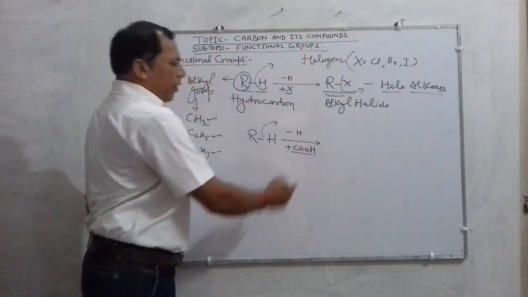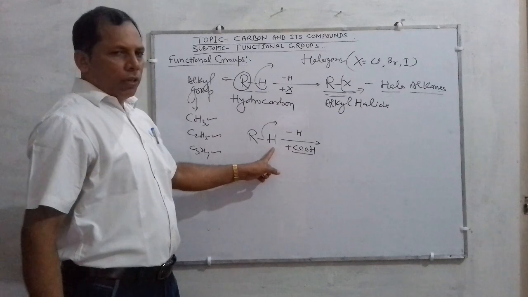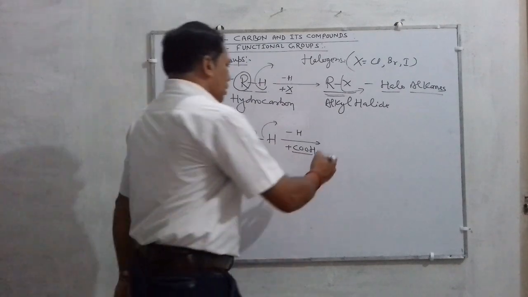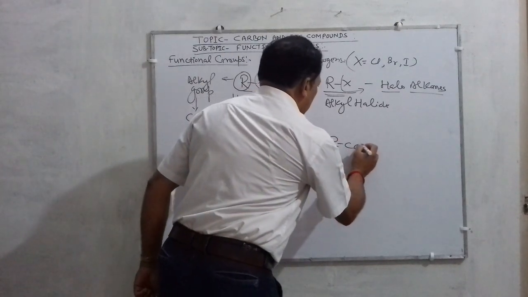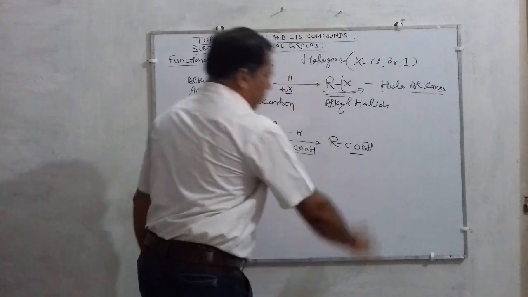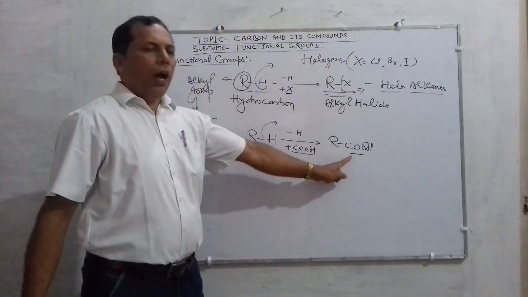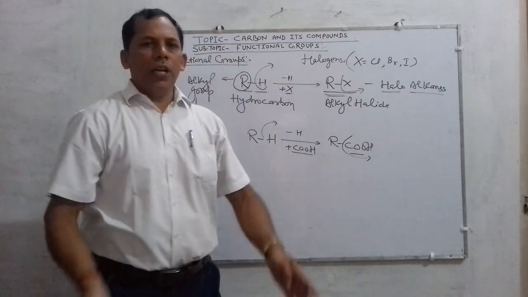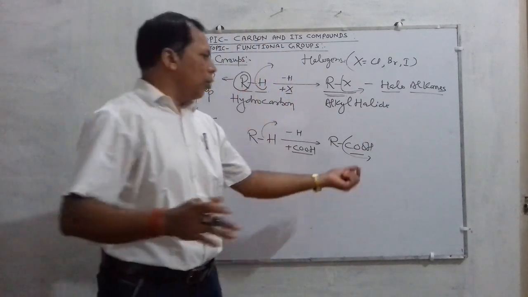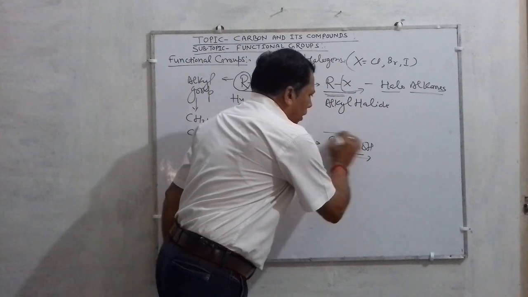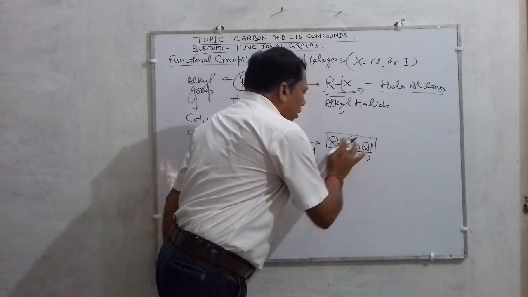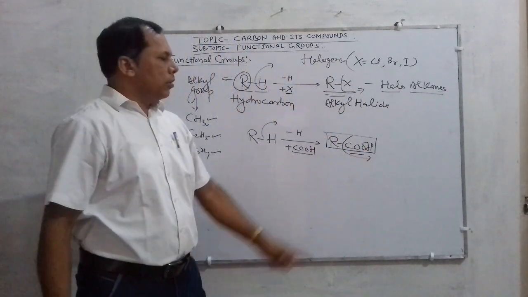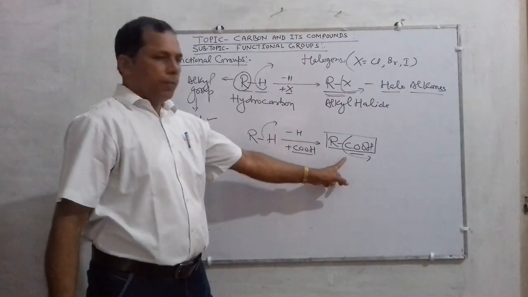Here it is a group of atoms. So if this hydrogen is replaced by COOH, the formed compound will be RCOOH, and this COOH represents a particular functional group which will be responsible for the properties of the whole newly formed compound. This is the meaning of functional group.